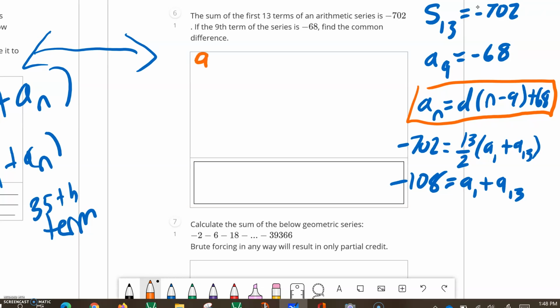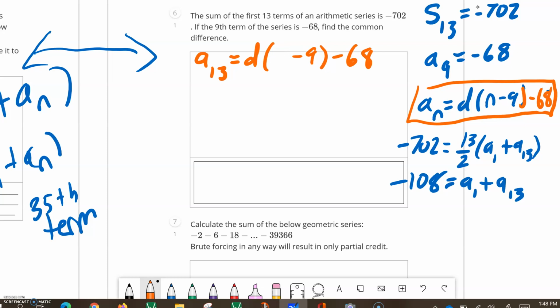So the 13th term, if we think about it, is going to equal the common difference times n minus 9. Oh, sorry, that should be a minus 68. Let's do this one, minus 68. And I just want to show this because then I could technically, again, oh, I forgot.